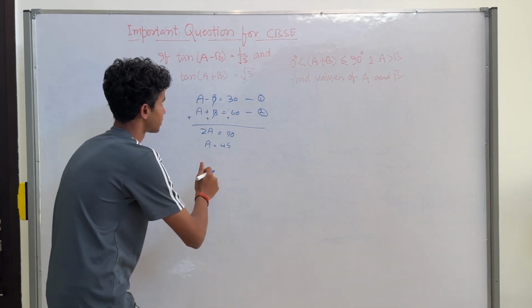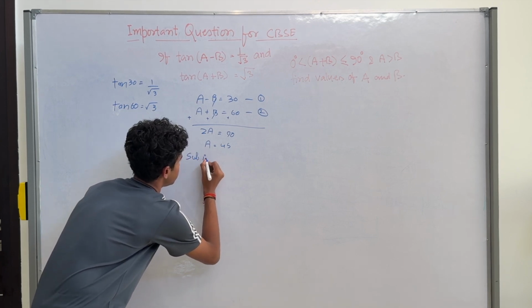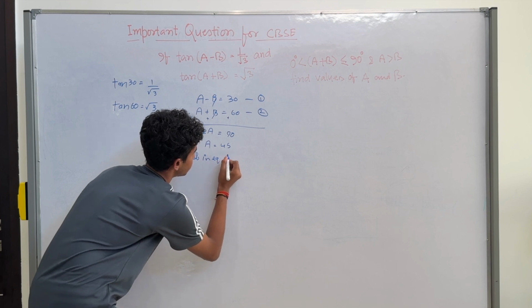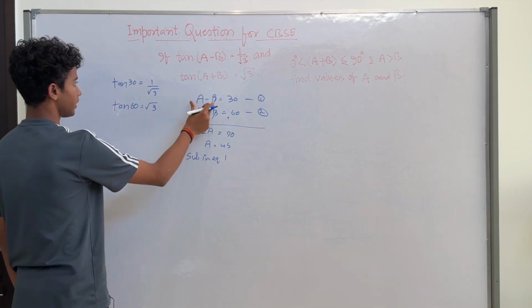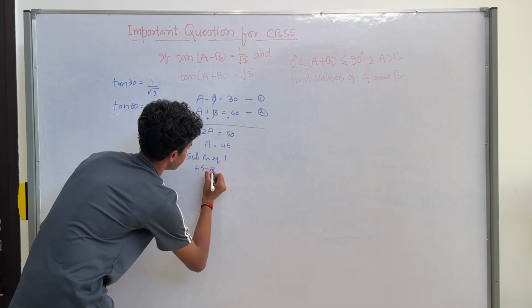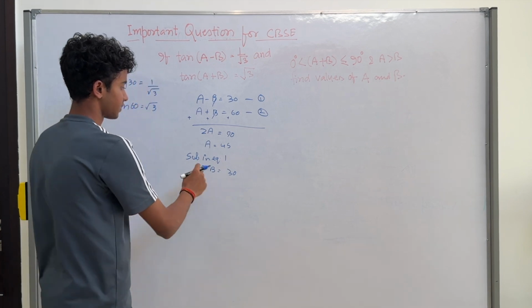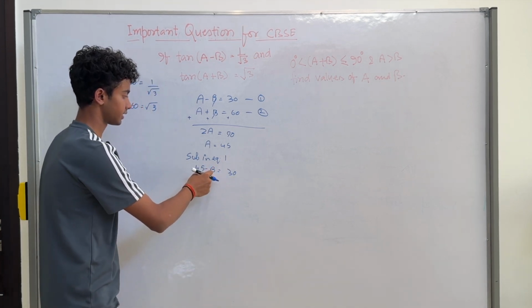Let's substitute this in equation 1 or 2. I'll do it in 1. Substitute in equation 1. So we get 45 minus B is equal to 30. Let's transpose the B to that side and get 30 this side.